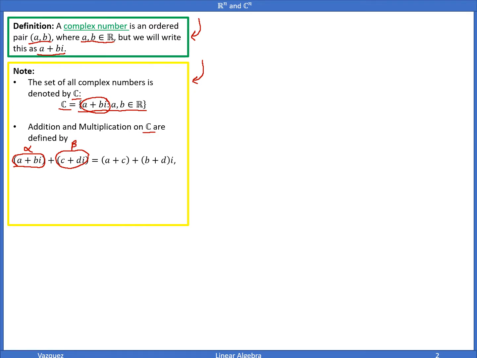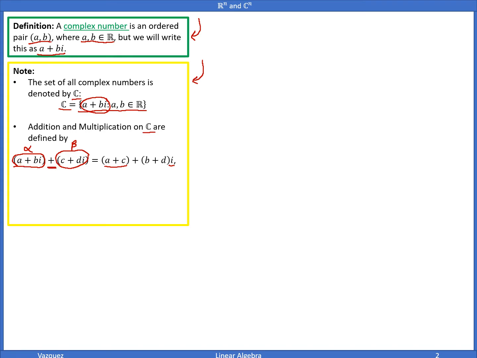So we have two complex numbers being added. And how you add these is you just add the corresponding components: a + c from over here, and then b + d. We still do have an i, so we're going to keep the i out here. But that's just how we define addition on the complex numbers.